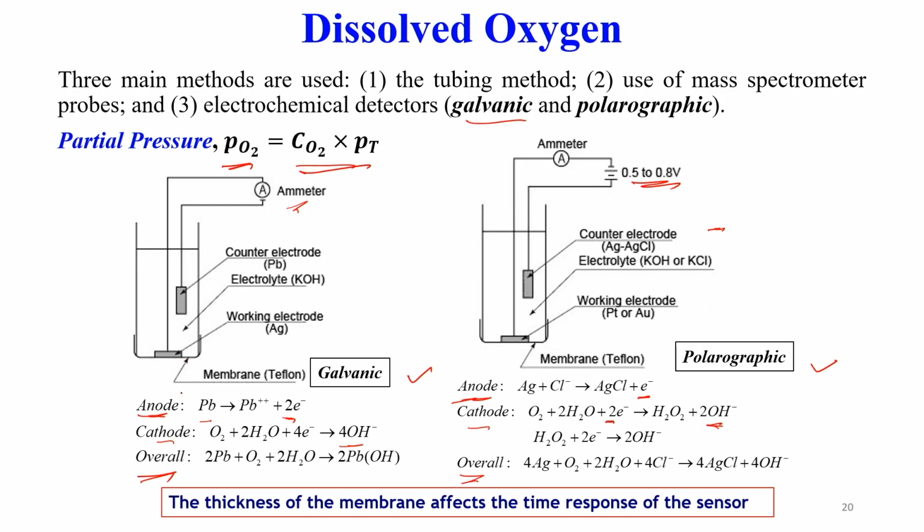Further, if you just see in both the cases, there is a Teflon membrane, and this thickness of membrane affects the time response of the sensor, because through the membrane only this oxygen is penetrating and the reaction is taking place at the cathode. So, you just see at the cathode the reaction is taking place in the presence of oxygen.